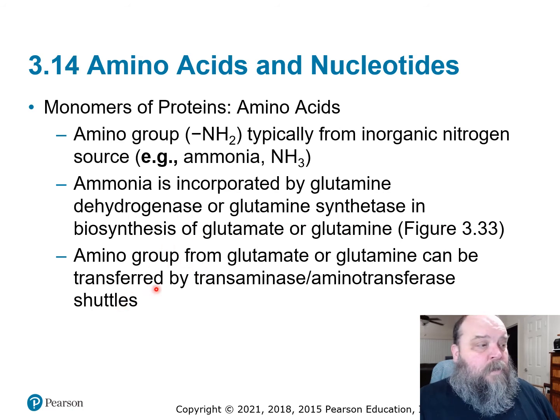Once you take up and you start breaking down the proteins to polypeptides, polypeptides to amino acids down to their components, you can strip off that amino group and then add it to whatever you need to in your normal anabolic metabolic processes using a transaminase or an aminotransferase.